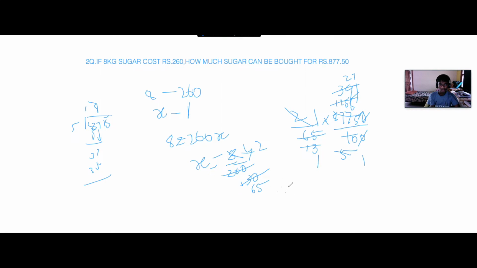This is the conclusion, friends: 27 kg of sugar can be bought for rupees 877.50.